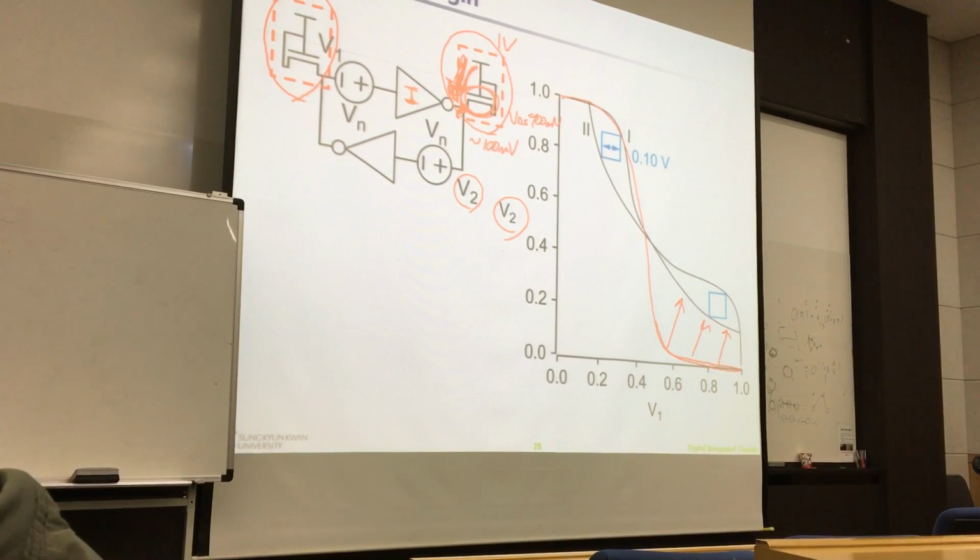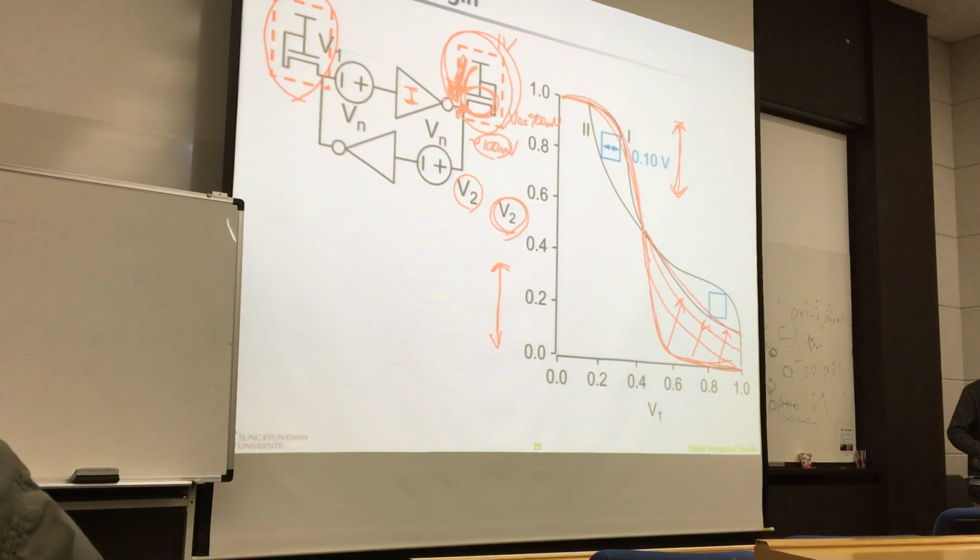So although originally you had a VTC that looked like this, when your output voltage is low, in this region, your VTC goes up like this. That's because of this access transistor. When your output voltage is high, when your V2 is high, it doesn't really matter because your VDS and your VGS are very small, so you have less effect of this current injection.